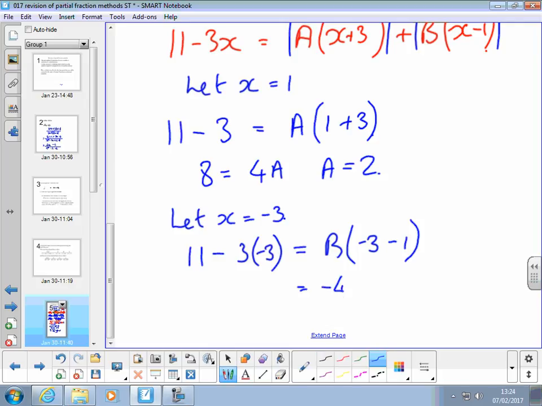That bit's minus 4B. 11 minus 3 times minus 3 is 20. Therefore, B is equal to minus 5. Yeah? 20 over minus 4 is minus 5.